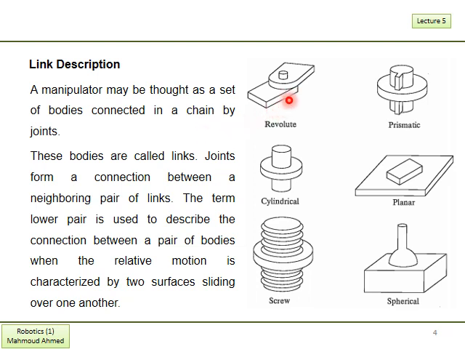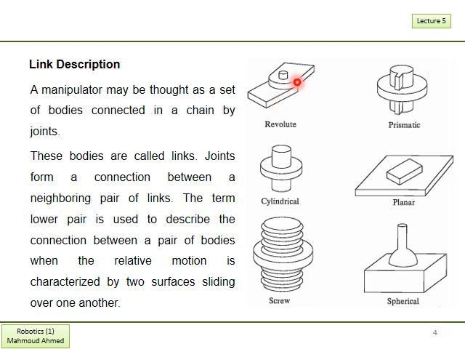So we have here, as shown, several types of joints that connect the links together. Some of the joints are called lower pair. This term is used to describe the connection between two links when the relative motion is characterized by a surface sliding over the other.